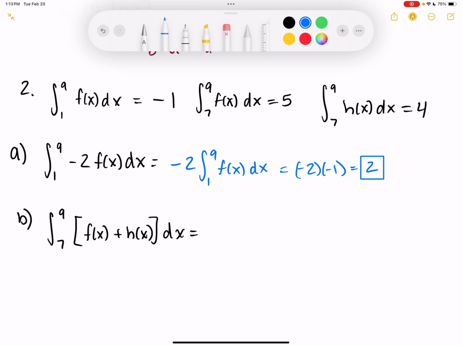Sum and difference, so I can split them up. So this is going to be the integral from 7 to 9 of f of x dx plus the integral from 7 to 9 of h of x dx. And that's just going to be equal to 5 plus 4, which is 9. Nice and easy.